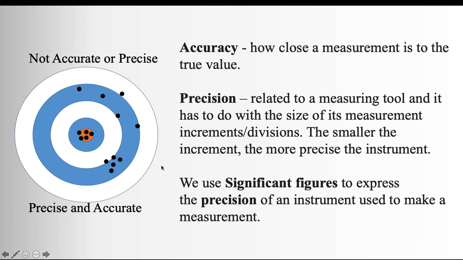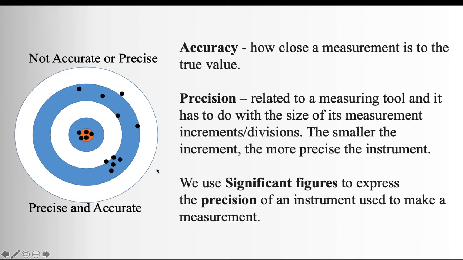Obviously, the smaller the increment, the more precise the instrument, and the more precise your measurement is going to be. We then use significant figures to express the precision of an instrument, which is used to make the measurement. The better the precision of the instrument, the more significant digits you're going to have listed. And therefore, this becomes important when we make measurements.